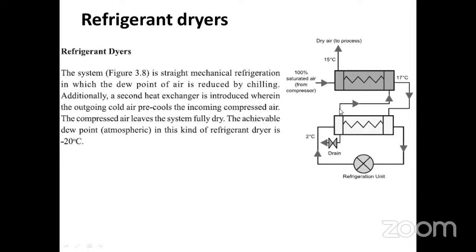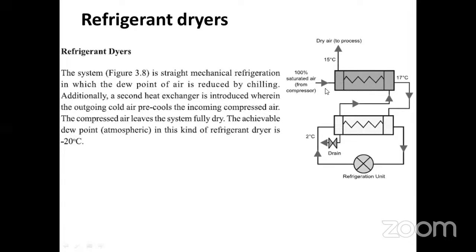After cooling, the chilled air is again sent to cool the incoming air, sir. Recovery, nothing else. The refrigerator unit supplies 2 degrees centigrade chilled air, sir. So after getting heated up, it goes on.